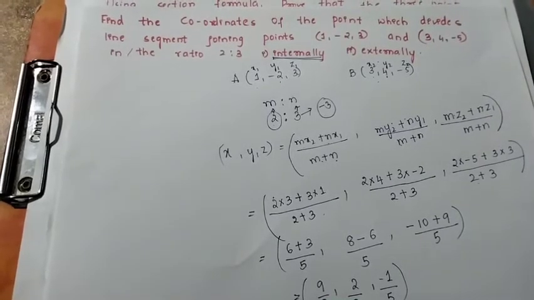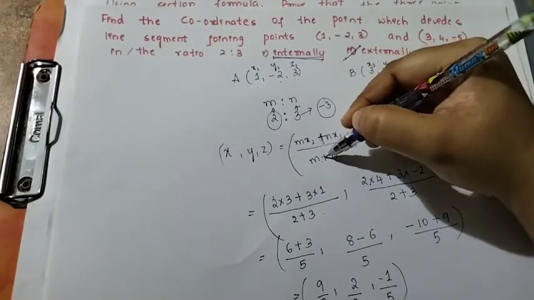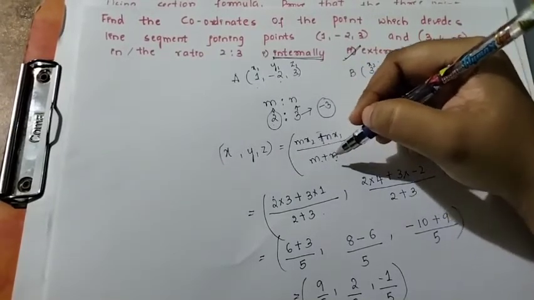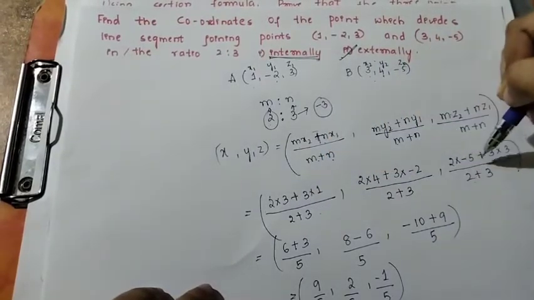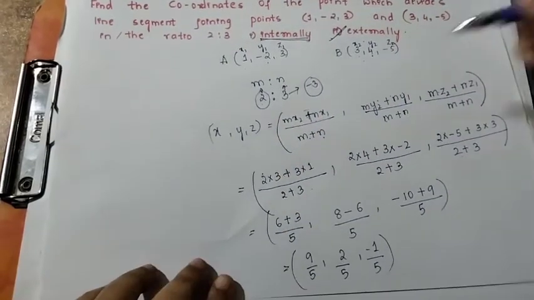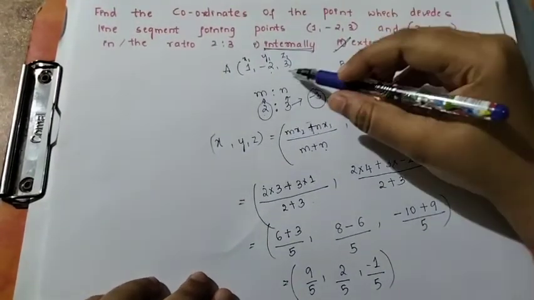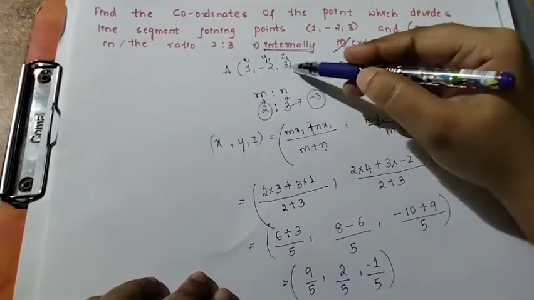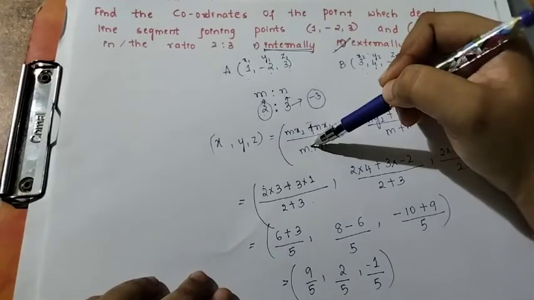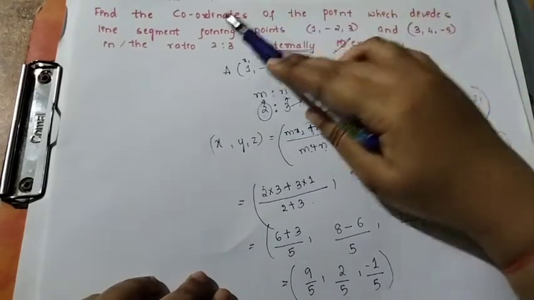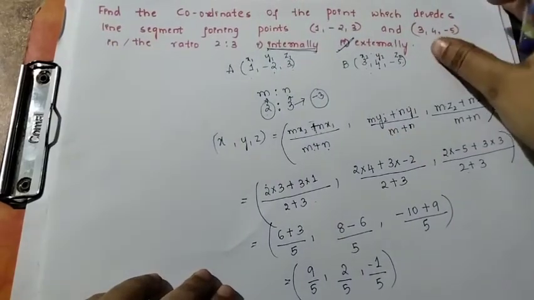So externally, I hope you'll do it just by replacing the plus sign with minus. The same formula, with minus everywhere. So the answer will differ here. Clear? First see the coordinates, write them, then see the ratio, then substitute it in the formula. This is how we find the coordinates of a point which divides the line segment.